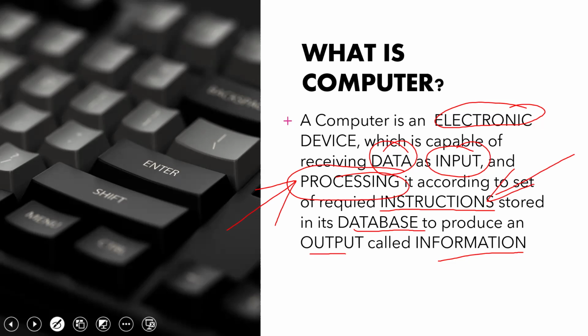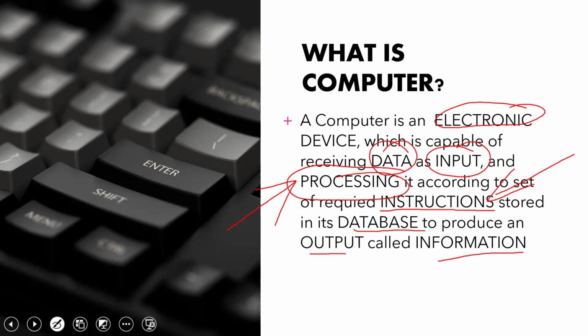I may want to prepare rice, and I have two different people who have been asked to prepare rice. At the end of the day, they are all going to prepare rice, but the taste will be different because the process each cook uses will be different. So the data processing that the computer does is dependent on the type of instructions.